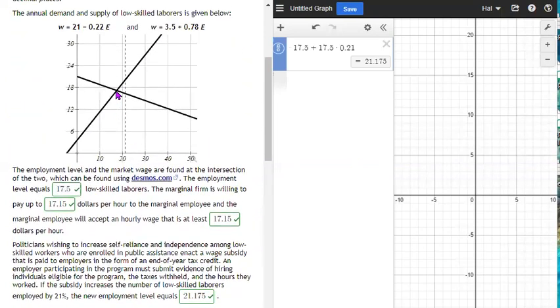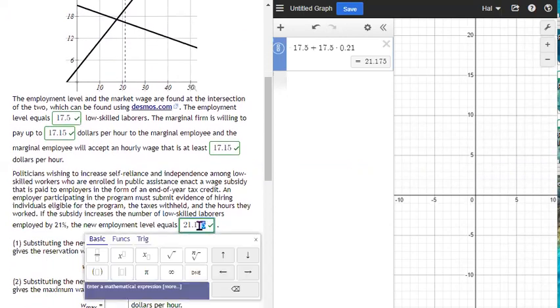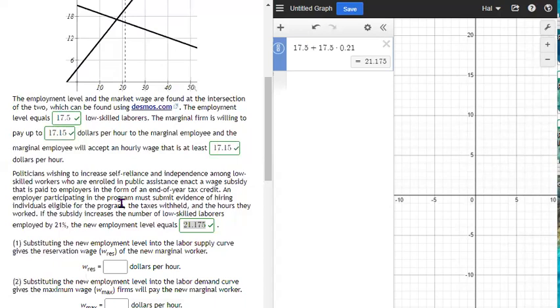So if you drop straight down, you get to 17.5 here. At 21.175, we're at this dashed line here. So the employment level increased from this level out to here, to 21.175. Now we're going to substitute this value into our labor supply equation.